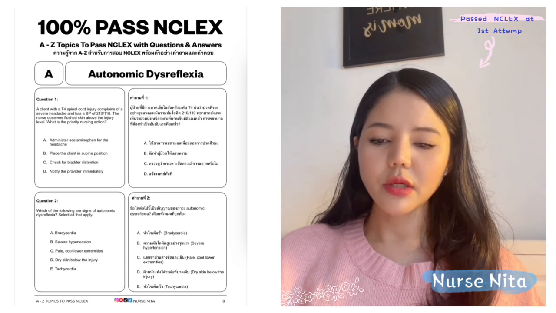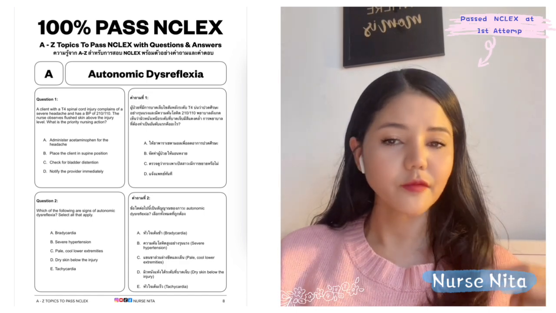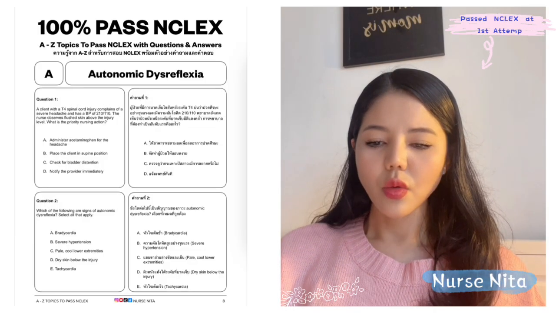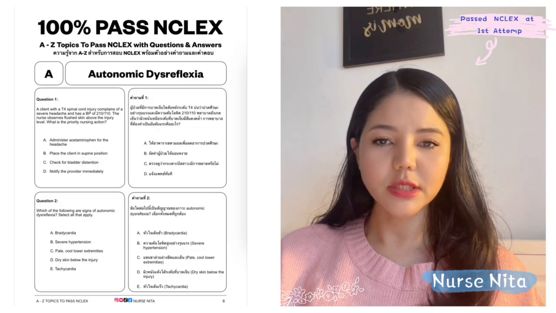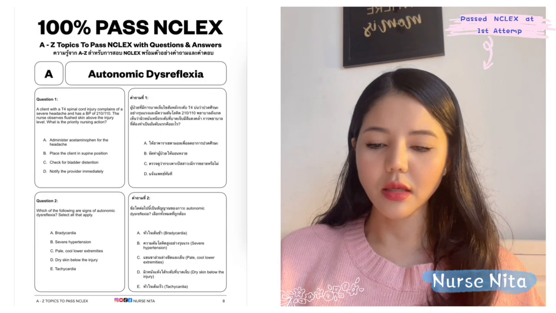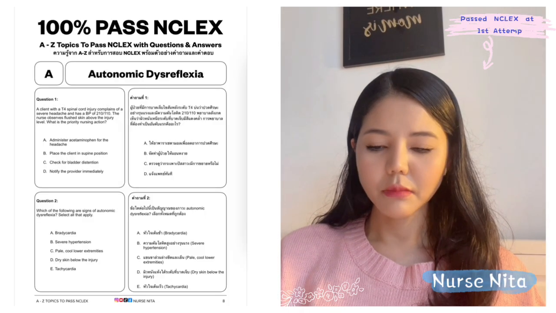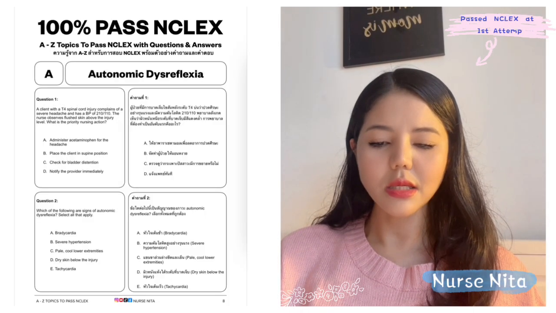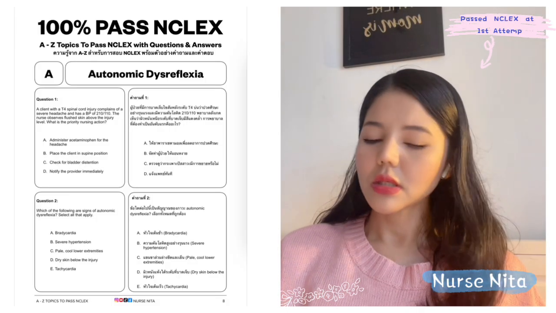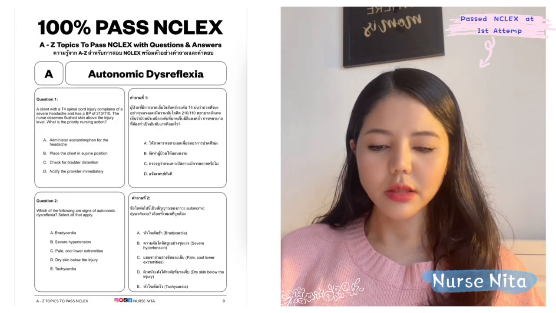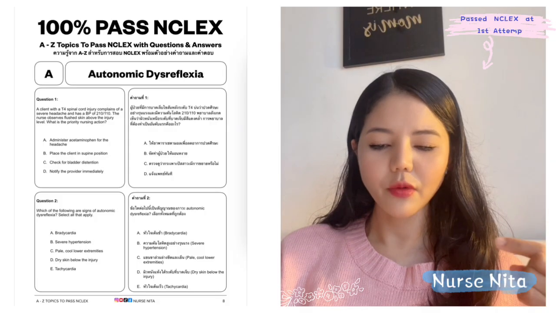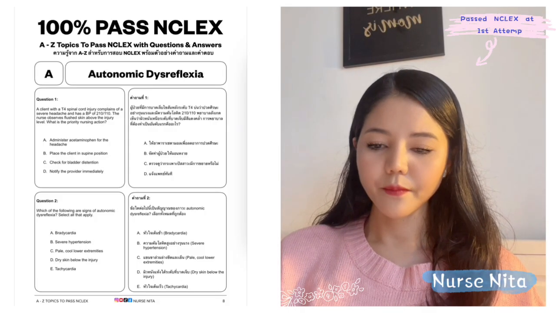The nurse observes flushed skin above the injury level. What is the priority nursing action? A. Administer acetaminophen for headache. B. Place the client in a supine position. C. Check for bladder distension. D. Notify the provider immediately.